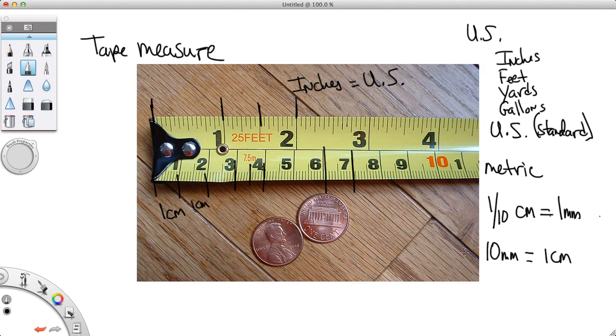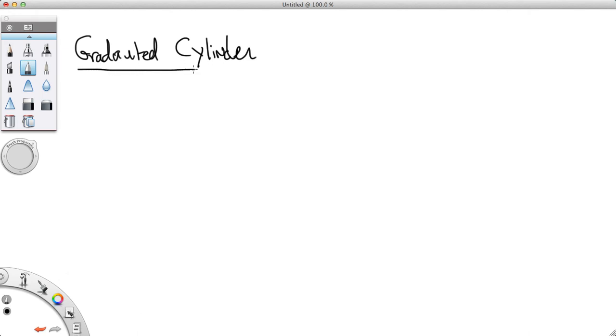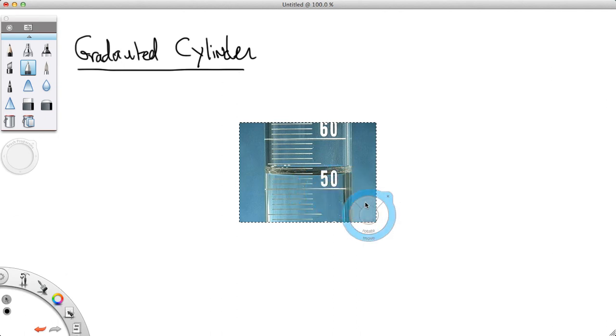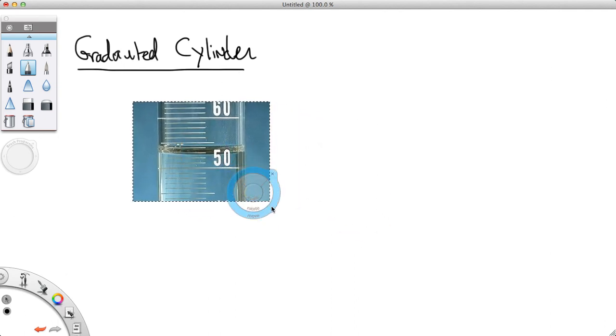All right, let's move on and let's talk about measuring with a graduated cylinder. I got a picture here of a graduated cylinder. I'll move that off to the side.